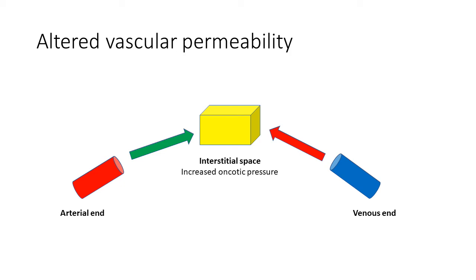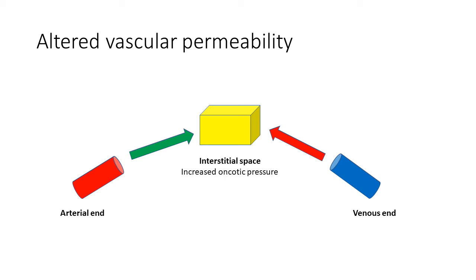This increases the osmotic pressure of the interstitial fluid, because as we know, the osmotic pressure is maintained by the proteins and electrolytes. Because there is an increased amount of proteins in the interstitial fluid now, the colloid osmotic pressure of interstitial fluid is raised.